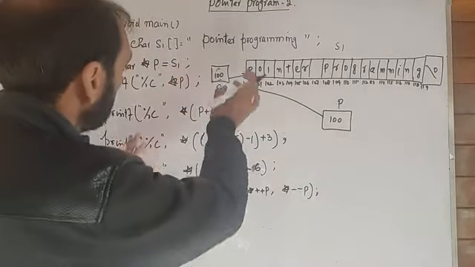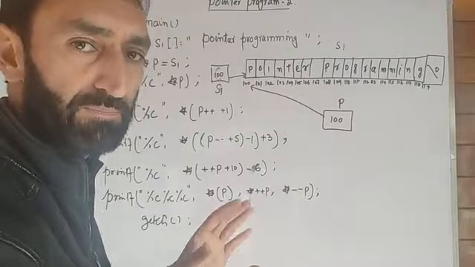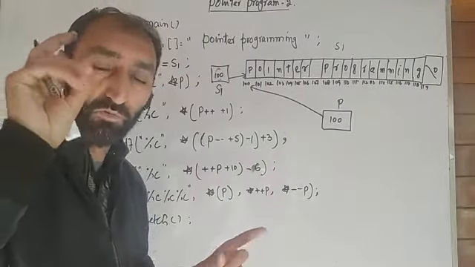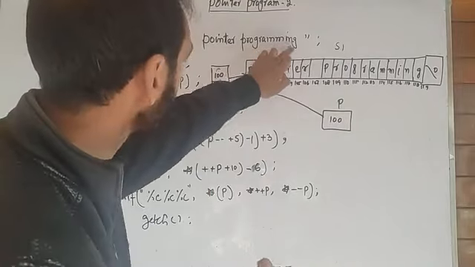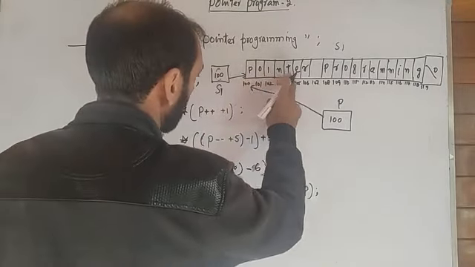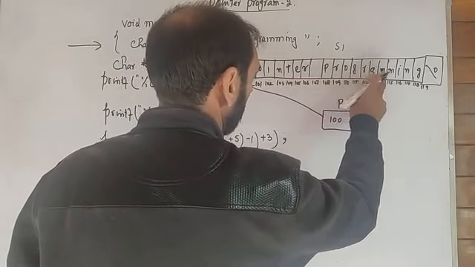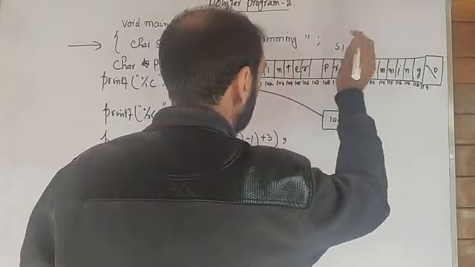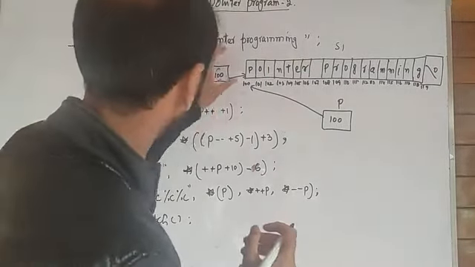We know that a character takes 1 byte of memory. The memory manager allocates 1 byte to each character. So the size of this character array is 1, 2, 3, up to 20, and 20 bytes of memory will be allocated by the memory manager for this array.